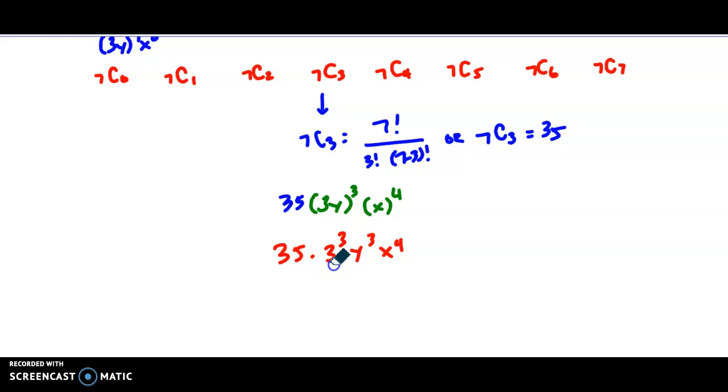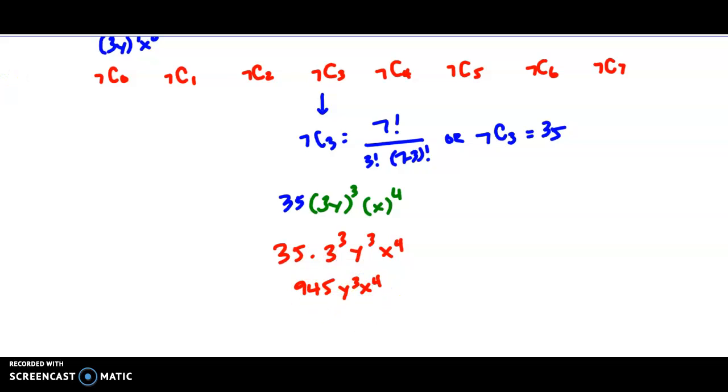And that's going to be what? 3 to the third is 27, and then 27 times 35, whatever that is, that's going to be your coefficient. So that turns out to be 945. So that's 945y to the third, x to the fourth. This would be the fourth term when you expand that out.